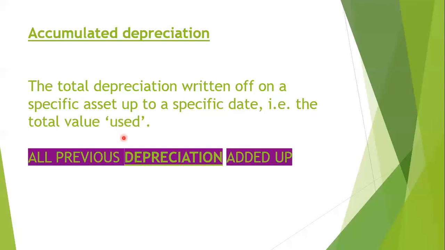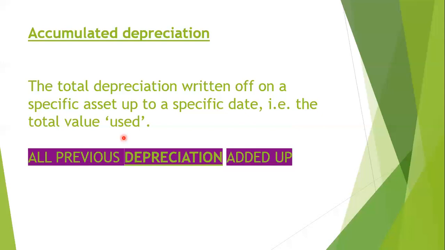Okay, so let's say at the end of the second year of the same aircon, which cost us 7,000. So let's say that the depreciation in year one was 1,000. The depreciation in year two was 1,000. So that would give us the accumulated depreciation.